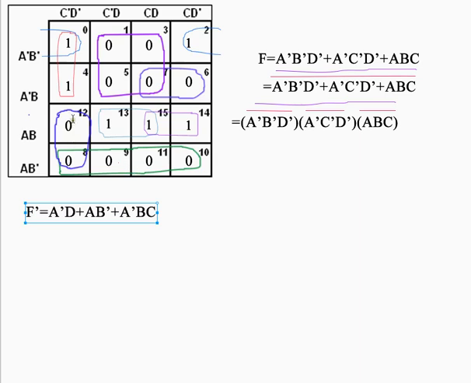And then I have this term right here, the boxes 8 and 12, which is the intersection of A and this vertical column, C naught D naught. So this is or A C naught D naught. Okay, so that is the complement function in SOP form.